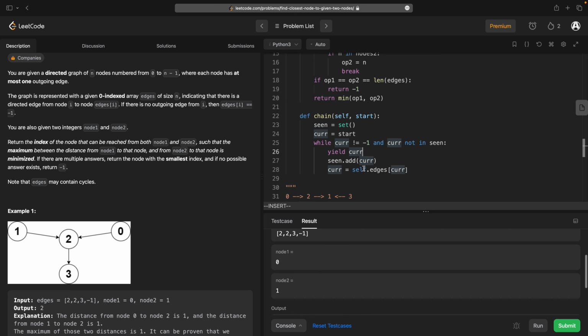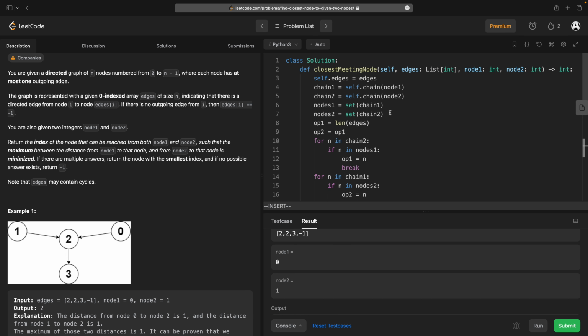So what happened here? Oh, it's because this got used up. That's a weird quirk of iterators in Python. Well, not a weird quirk, but a slightly annoying one in this case.